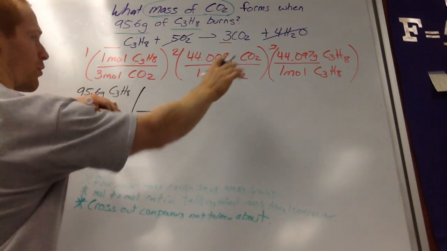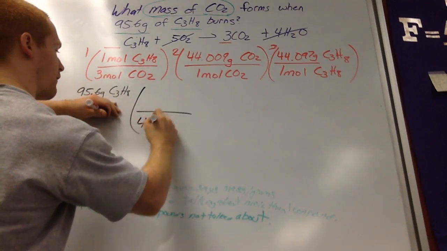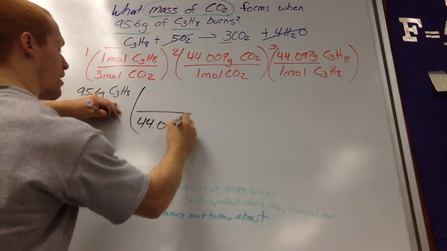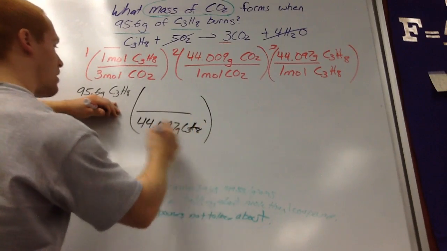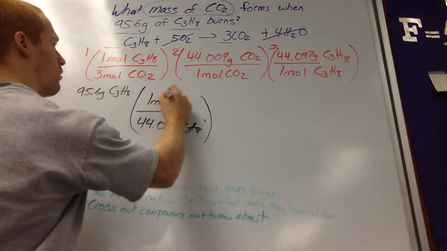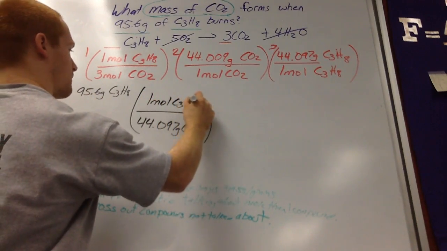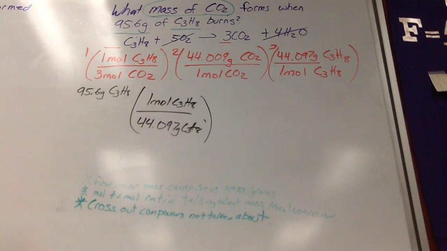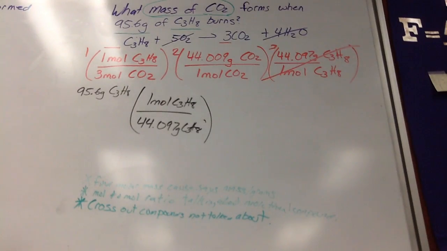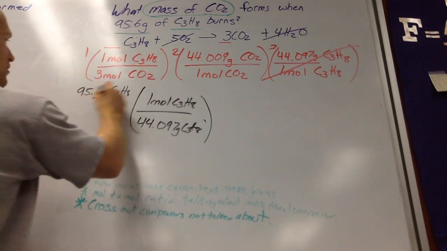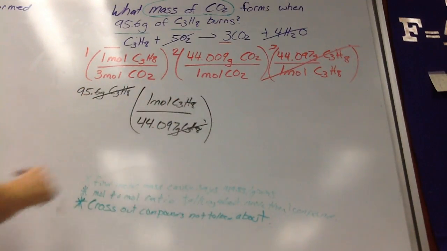So we're going to put 44.097 grams of C3H8 on the bottom, and on top, 1 mole of C3H8. Since we can only use each conversion factor once, I'm going to cross it out. We can also cancel out our units, so we got rid of grams of C3H8. We're now on moles of C3H8.